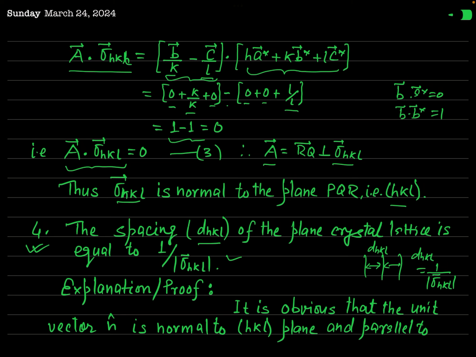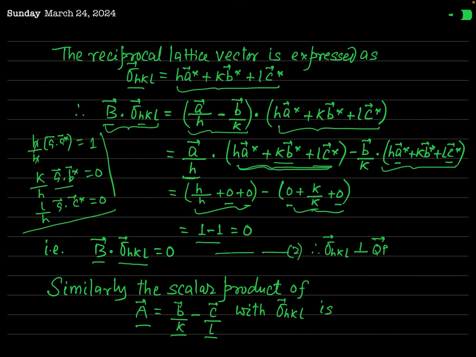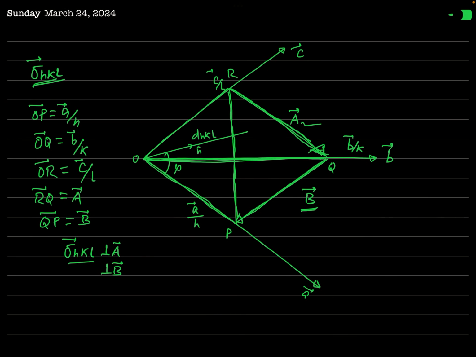And for explaining this fact, let us again see this figure. I have considered here that this line represents d_hkl, that is, the interplanar separation of the parallel planes defined by the Miller indices hkl.